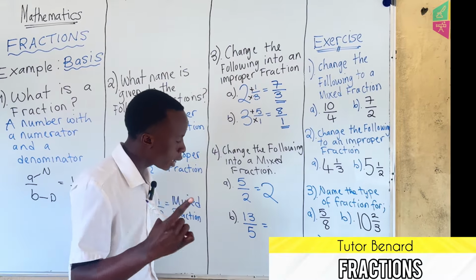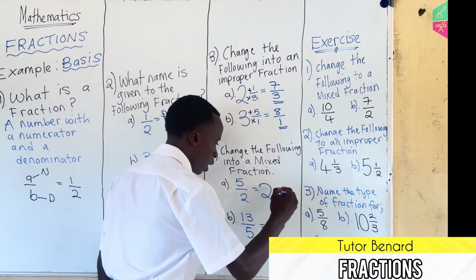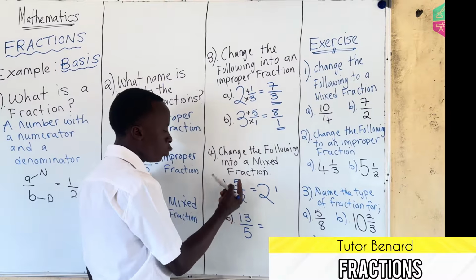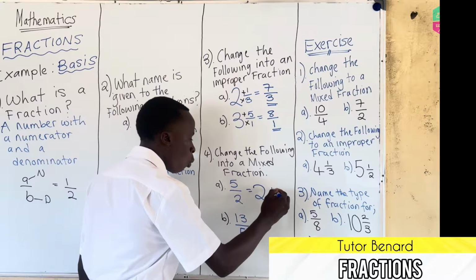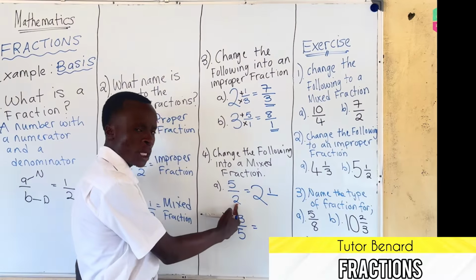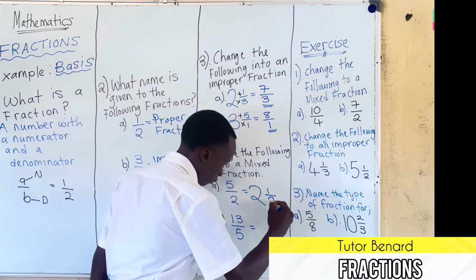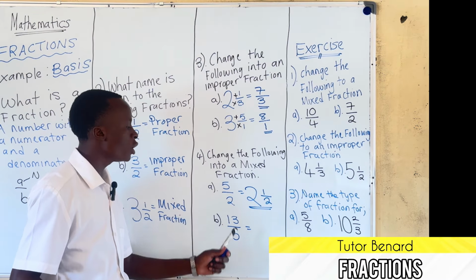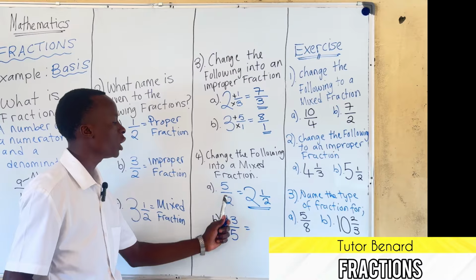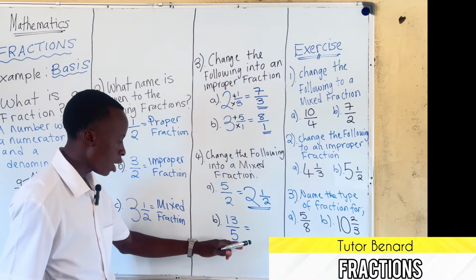That remainder will be your numerator. So it is 2, remainder 1, over the same denominator, which is 2, as your answer. This is how we change an improper fraction into a mixed fraction.